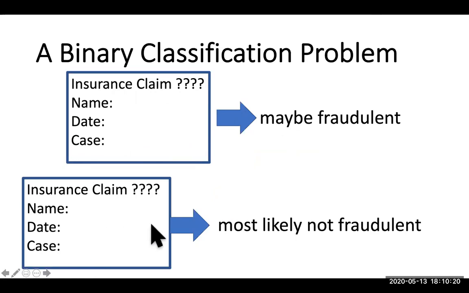And then there's another class, which means most likely not fraudulent, and this insurance claim goes forward to a fast track where you don't screen more carefully. So here the label values are defined by the application. You have an insurance company, and as an insurance company, you are interested in finding the frauds.